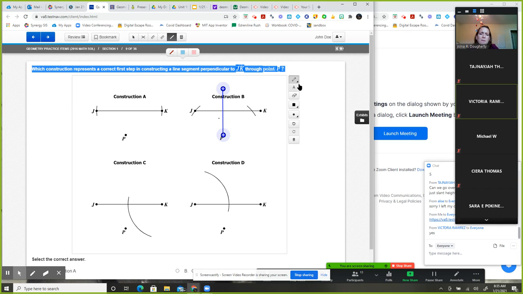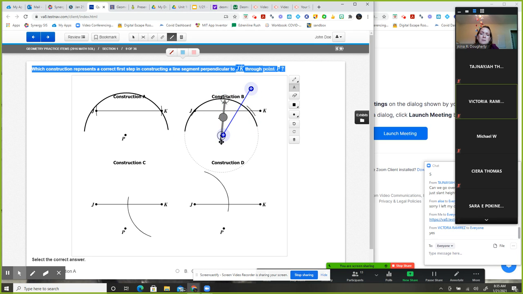Still not quite sure. So maybe I want to test my compass. If I take my compass and put it on P and stretch it out so it touches those, can I make those marks that are in that picture? Maybe I put it on here and do that. Ooh, that looks a little bit better. At least they're the right angle.